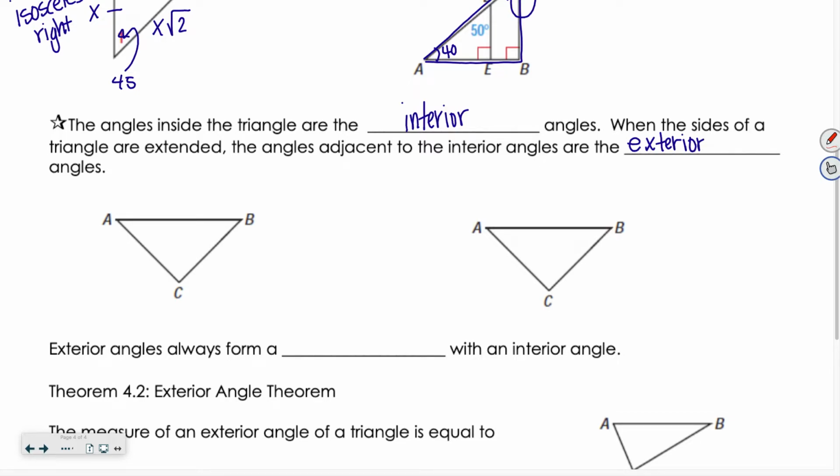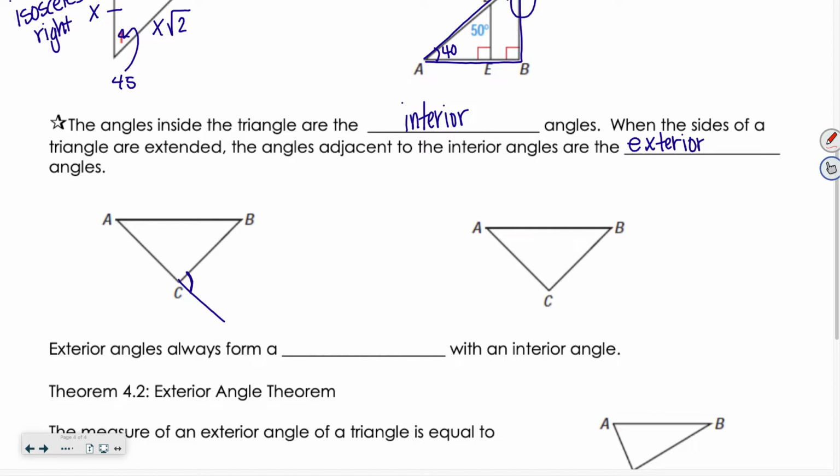So how many exterior do you think it has? Probably 3. So if I took and I extended this side out like this, and I created this angle right here, that's an exterior angle, okay? And there's 3 of them. You can extend out the side of a triangle, each side, and you would get 3 exterior angles.